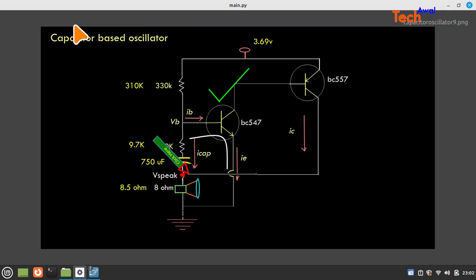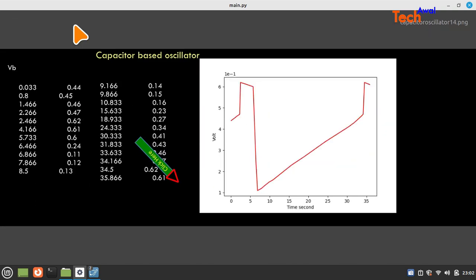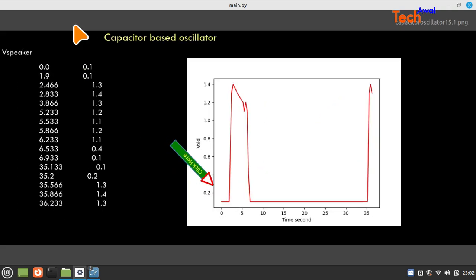So we hear the sound on the speaker because the voltage and current here are reversing. If we see the voltage level at the speaker, if there is a sharp change in voltage or current, it will make a tick.